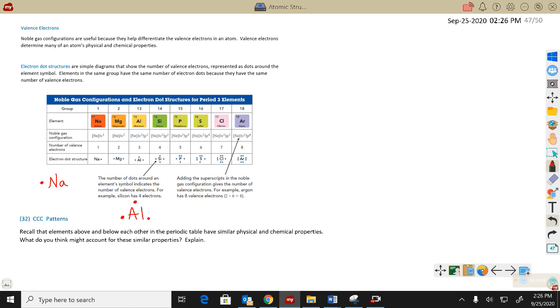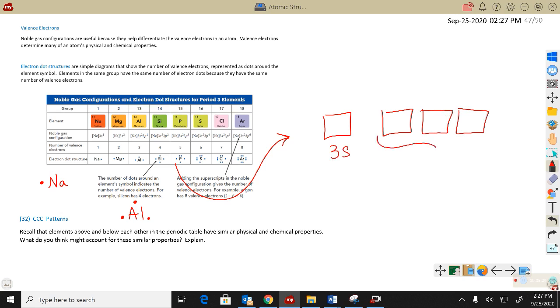So maybe you've drawn these before and you did pairs of dots. Well, here we're going to try to mimic the orbital diagram. So if I were phosphorus, and let's say I have my orbital diagram: 1, 2, 3. So this is the 3s orbital, and these are the 3p orbitals, which there are 3.